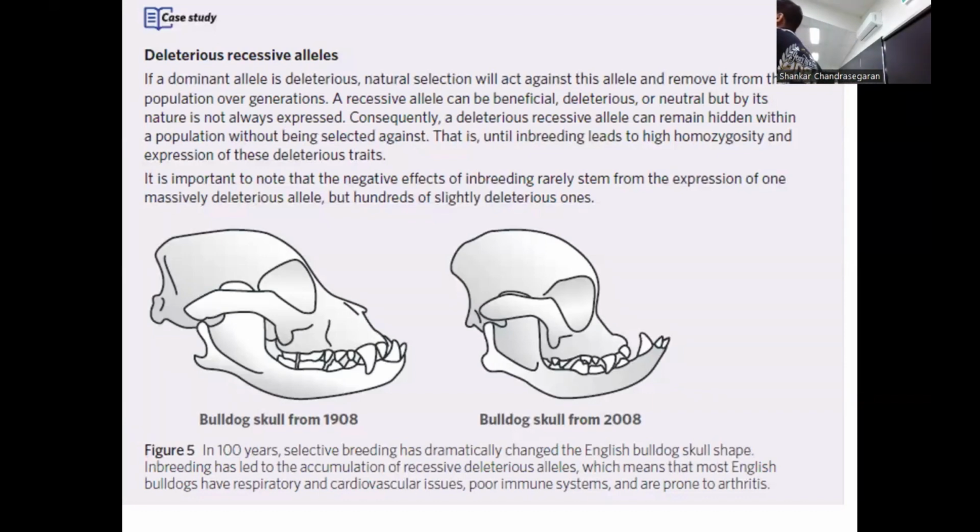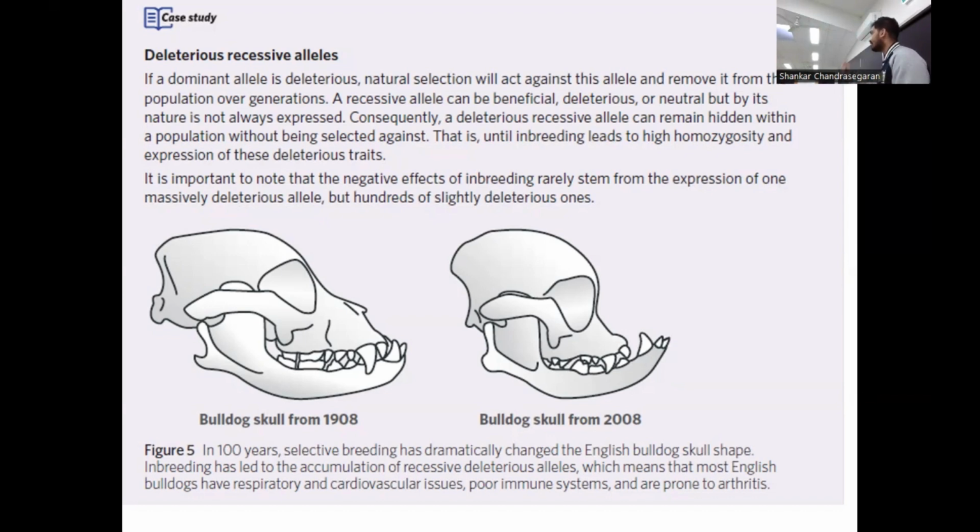But the problem is a recessive allele can be passed on without necessarily being expressed. So whether it's beneficial, deleterious, or neutral doesn't matter because it can be passed on without being expressed. Consequently, a deleterious recessive allele can actually remain hidden within a population without being selected against.